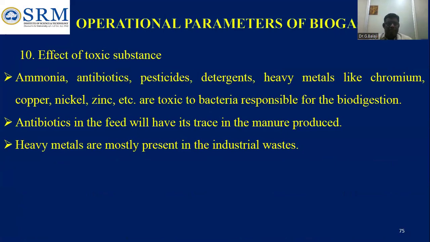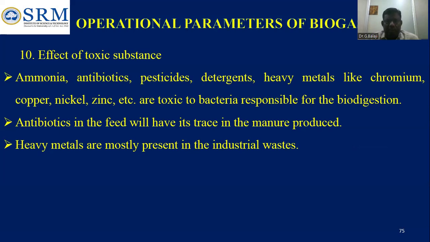The effect of toxic substances. Whatever you eat only will come out. Whatever source you put in, that output will come. So ammonia, antibiotics, pesticides, detergents, heavy metals like chromium, copper, nickel, zinc, etc. are toxic to the bacteria responsible for biodigestion.